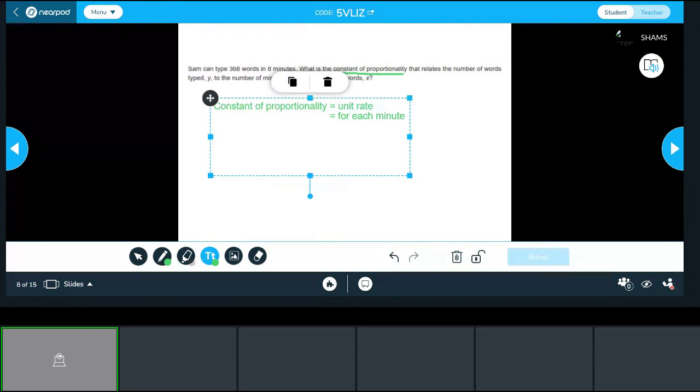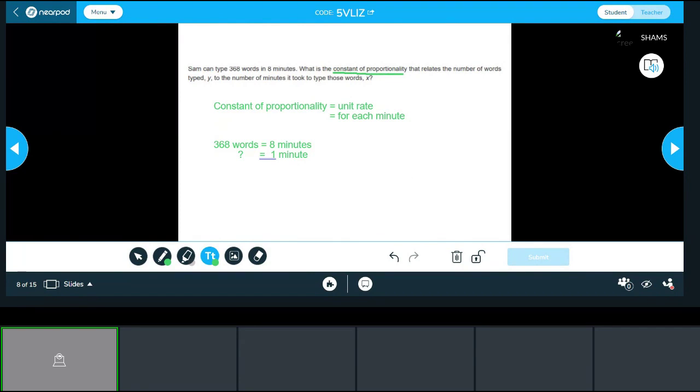I know that Sam can type 368 words in 8 minutes. To find the unit rate, I need to find then how many words can Sam type in 1 minute. Unit rate, 1 minute. Right? Constant of proportionality means unit rate. To find for one, to find for each.